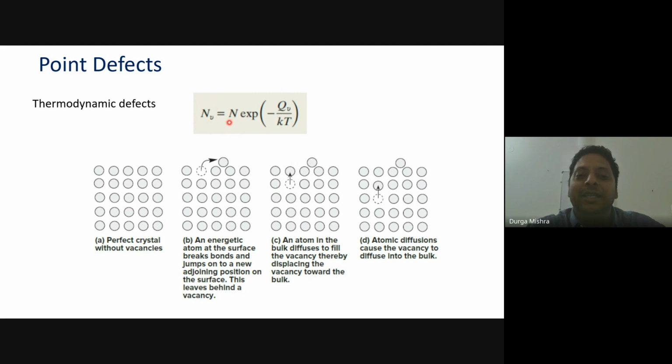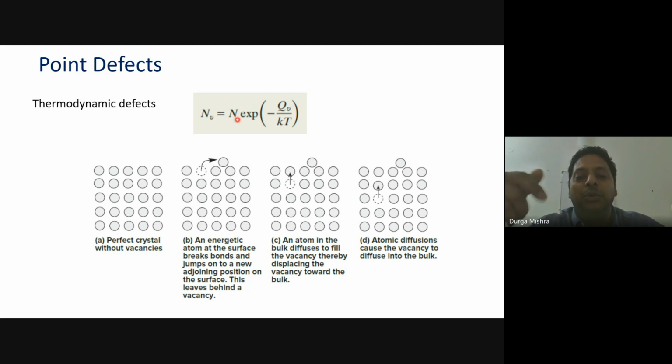This N is the total number of atoms that you have in the solid, that is, how many atoms you have per unit volume. You can actually calculate it if you know the density of the material, or if you know the crystal structure. These are all related. From X-ray diffraction, for example, you know the crystal structure.